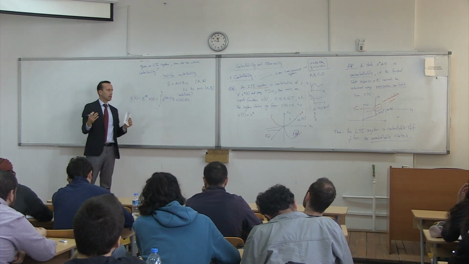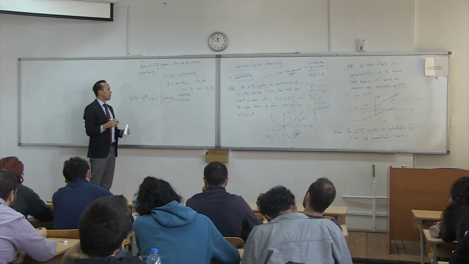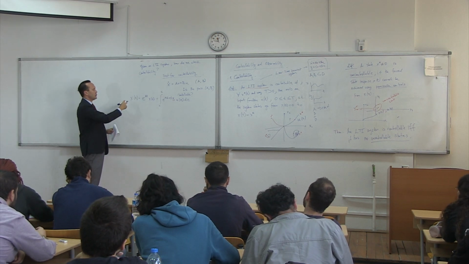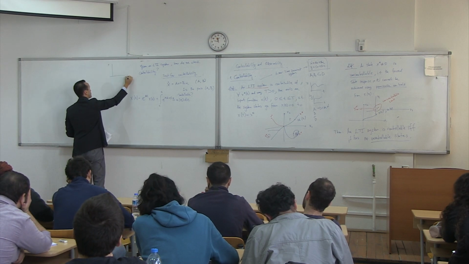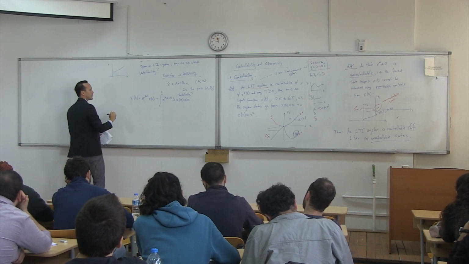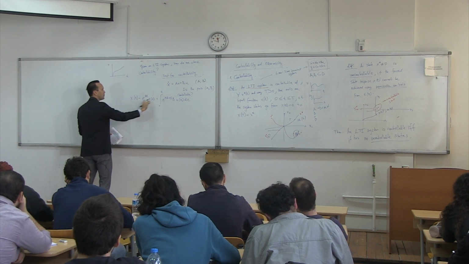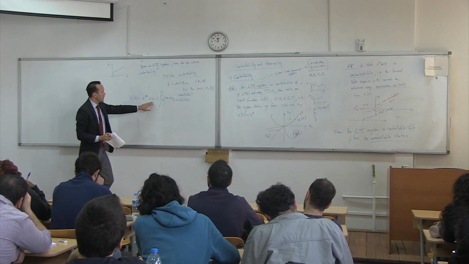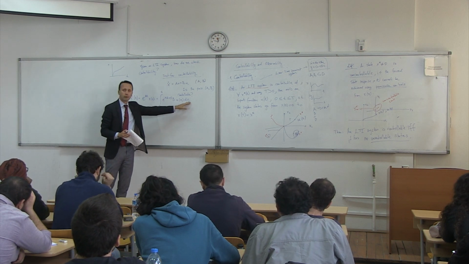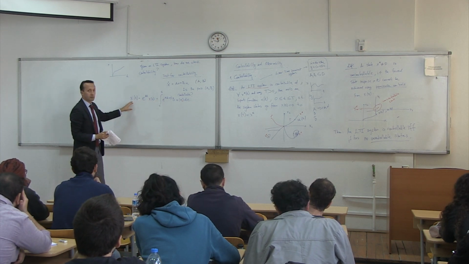It's x dot. But if you solve it, solving means that you write x as a function of time. So the solution of that would be this equation. You have the initial condition here, and then you have the rest of the solution over here. And this would be x of t.